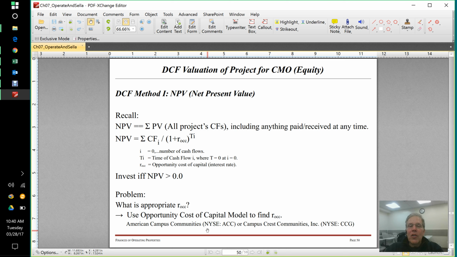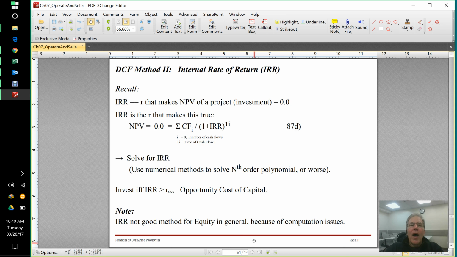And we could look at, happily, there are two companies that specialize in managing multifamily properties for students that are publicly traded, American Campus Communities or Campus Crest Communities. And we could look at their individual returns and get our opportunity cost of capital for these guys.